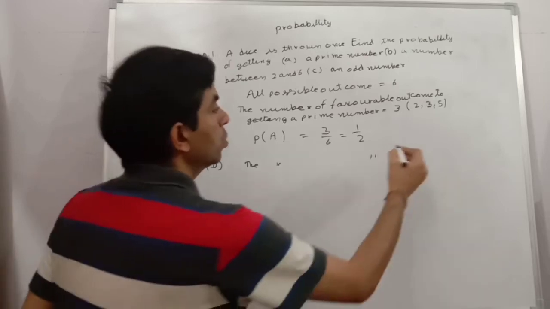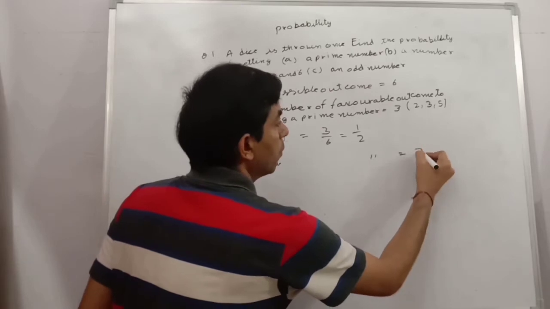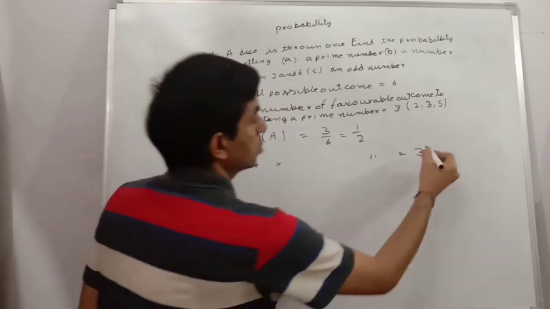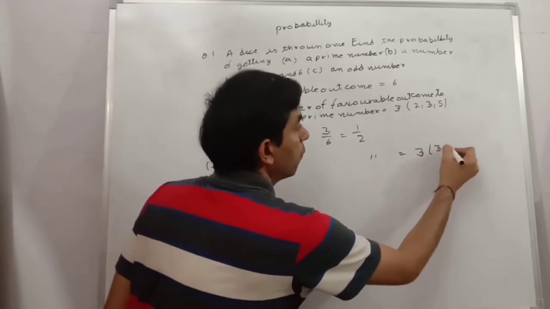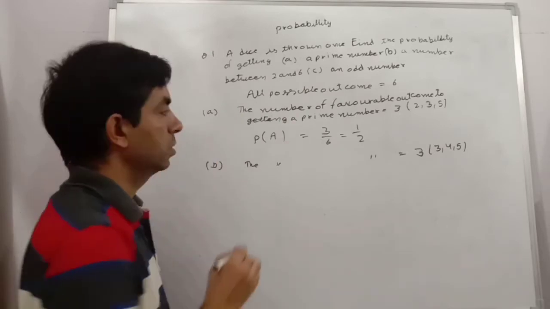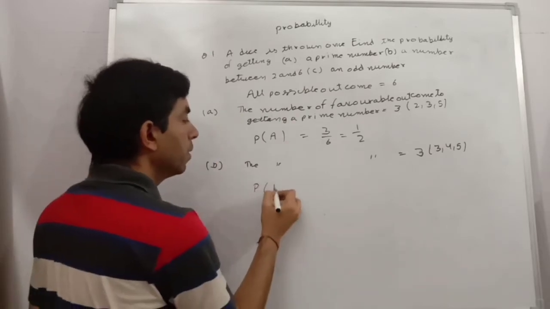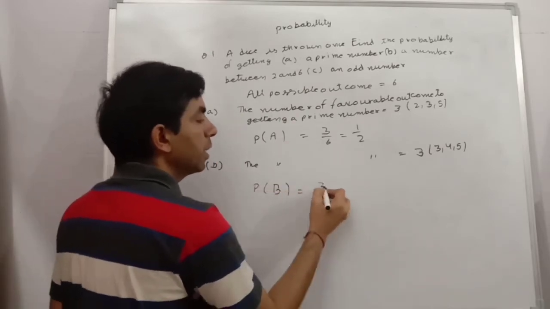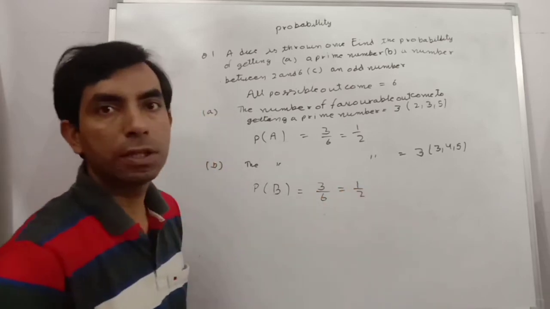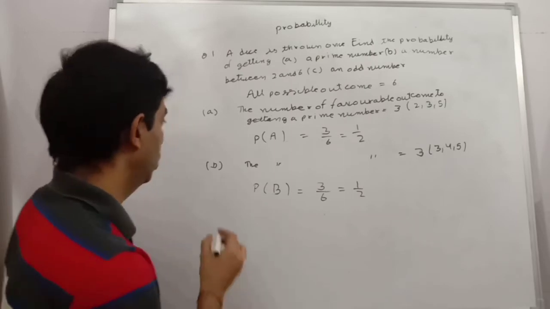So the favorable outcomes for getting a number between 2 and 6 are 3, 4, 5. So probability for this equals 3 upon 6, both numbers divided by 3, then we get 1 upon 2.